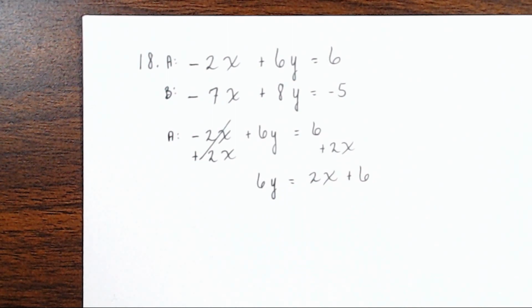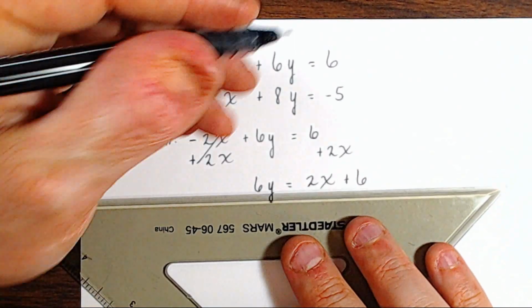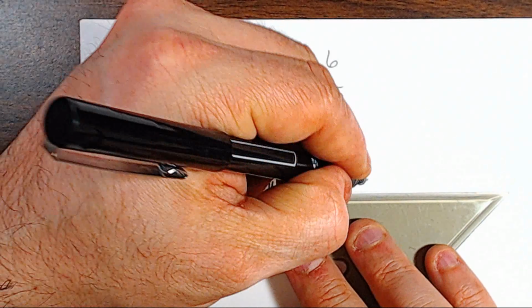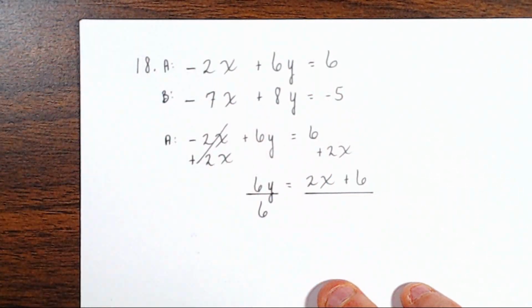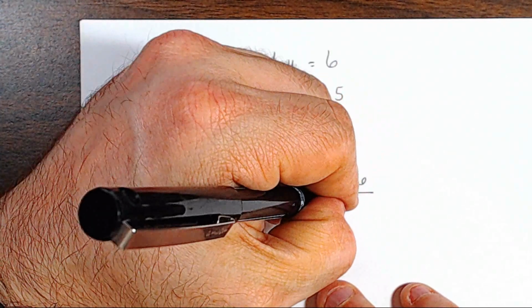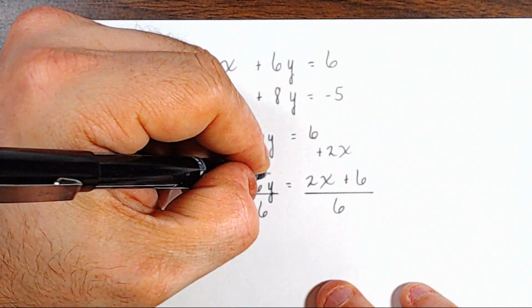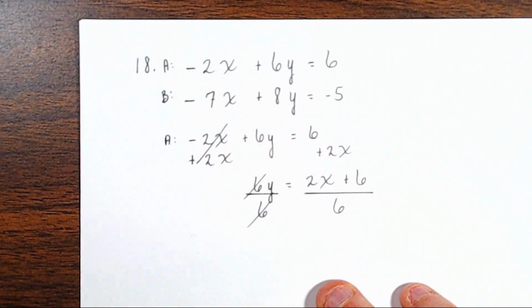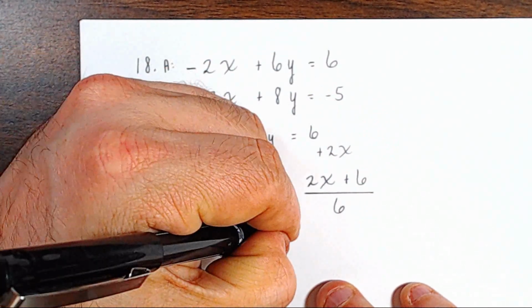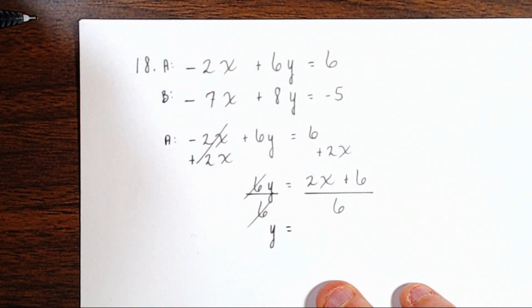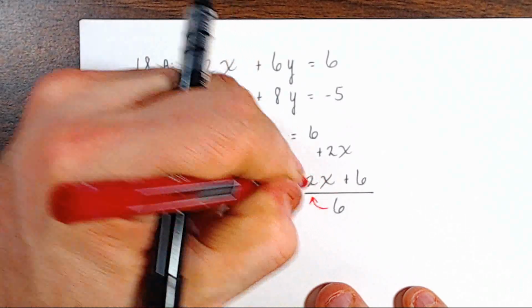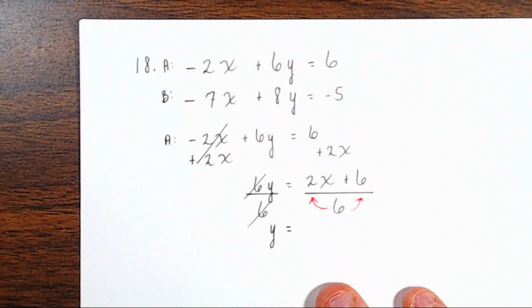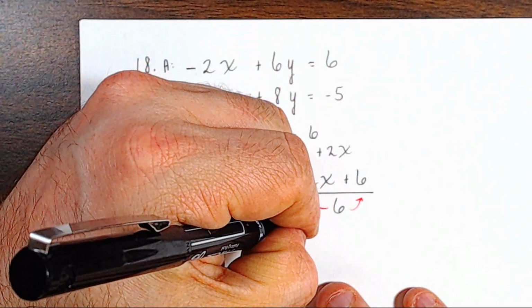So now we divide both sides by 6 to get rid of that coefficient in front of the y. Those 6's cancel in front of the y, leaving y equals, now be careful here, we've got to remember to split up this denominator to go with both of the terms in the numerator.